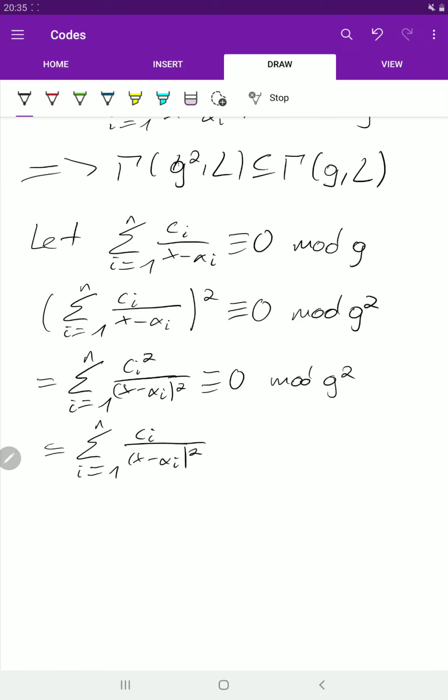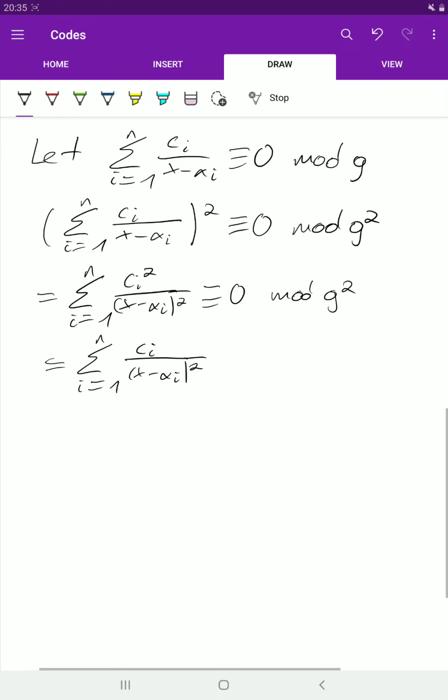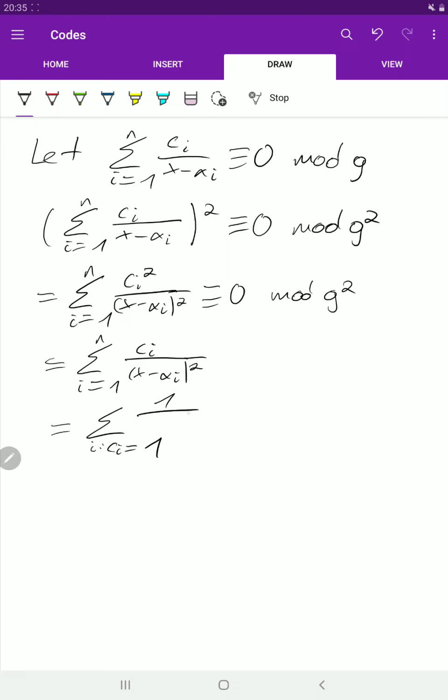For the x minus alpha_i, it does matter because that's in F_2^m. And now let's see a little bit further. We can also sum just over the i where c_i is 1. And then we get 1 over (x minus alpha_i) squared.